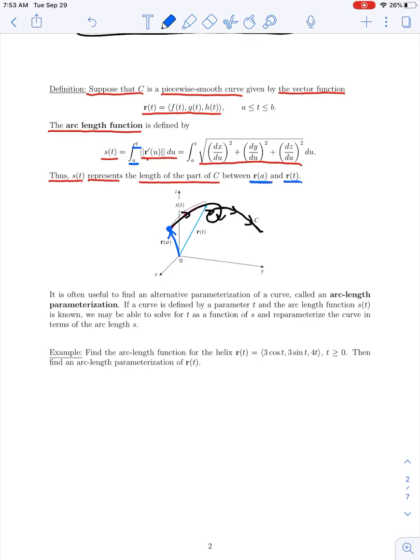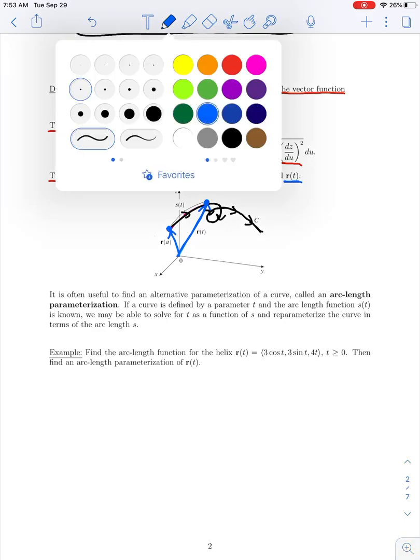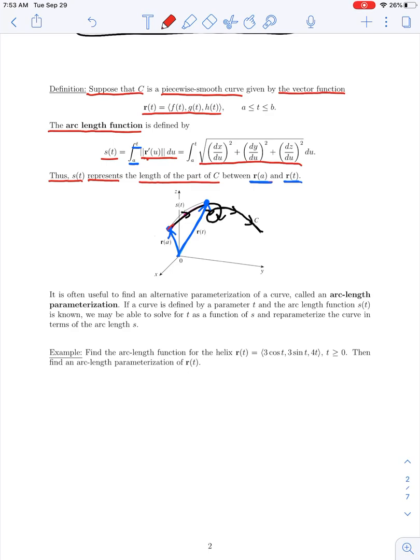And then we're looking at the length of our curve up until we get to the parameter t, that is r of t, which would define some other point on our curve. So this arc length function is measuring the length along this section of curve from point A to point T on our curve. So this is what that s of t function represents. That is a function for how far our object has traveled over some time interval from A up until time t.